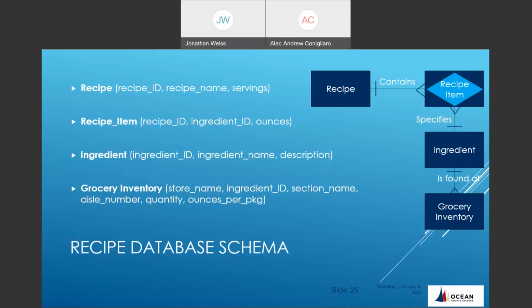All right, grocery inventory. This one is also difficult. What is the candidate key for grocery inventory? Does anybody think anything else?